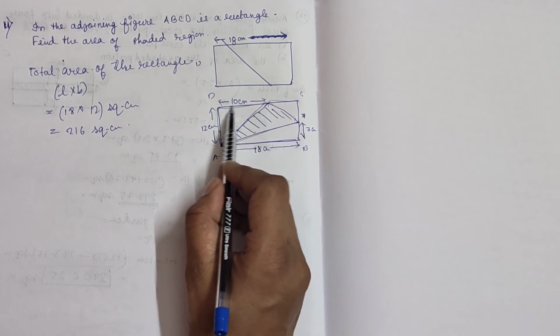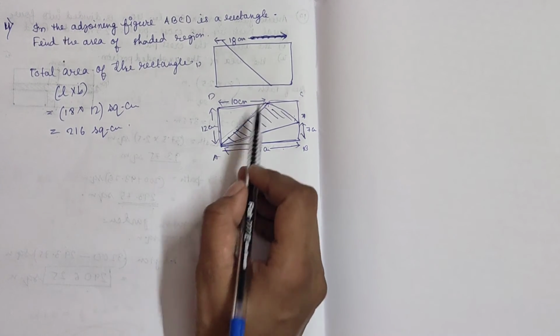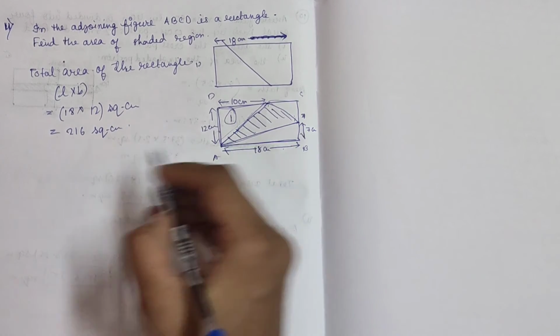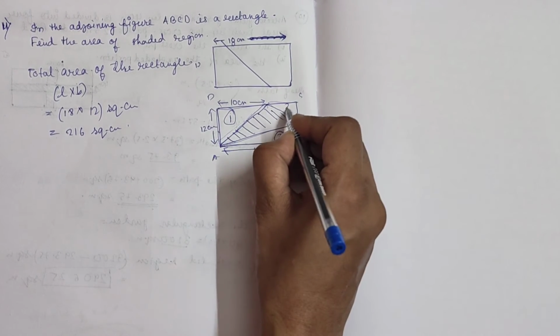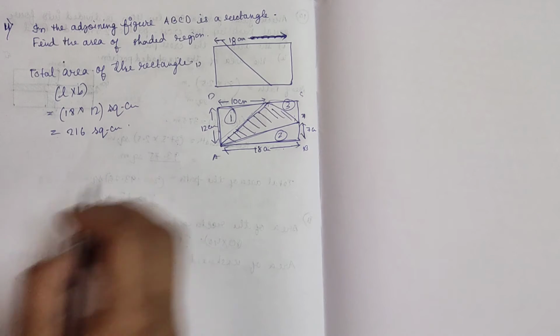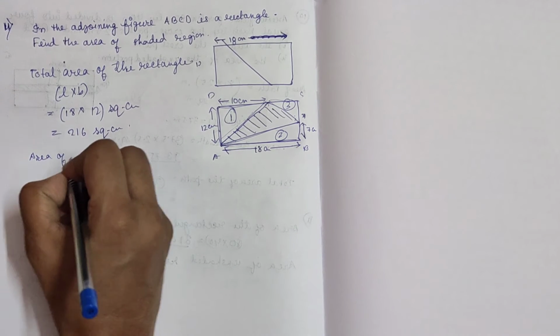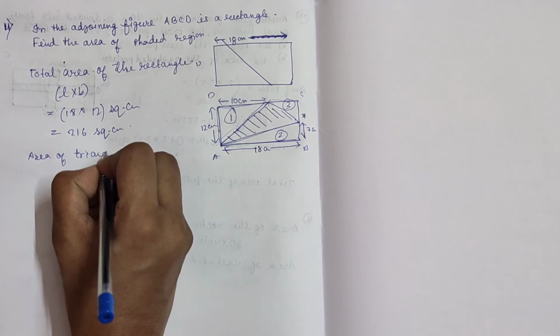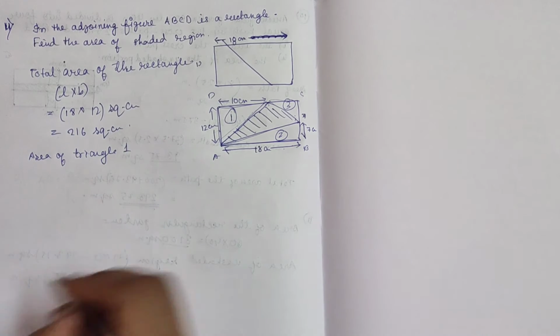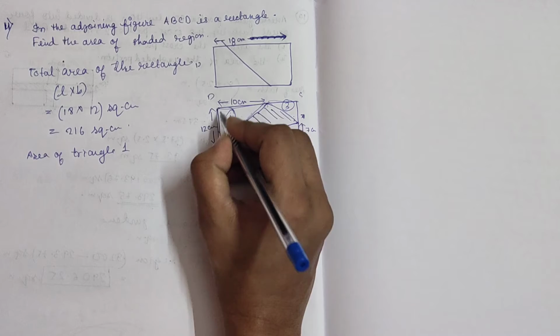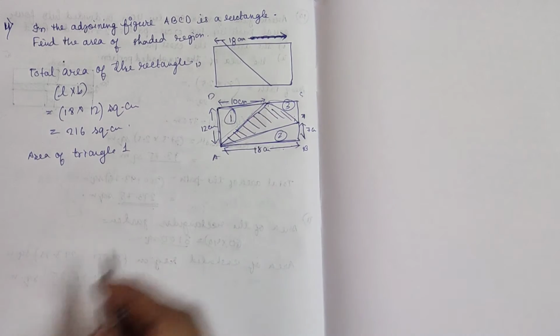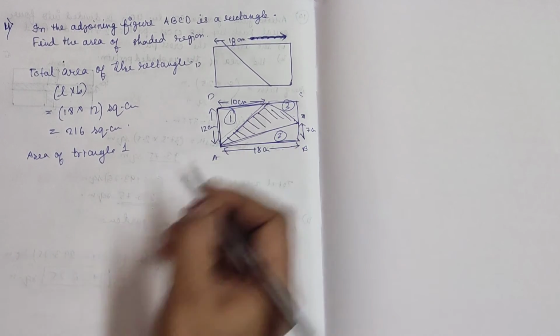Now we have to find out the area of each triangle. This is number 1 triangle, this is number 2 triangle, number 3 triangle. So let us find out the area of triangle 1. If I consider this as my base, this is my height.